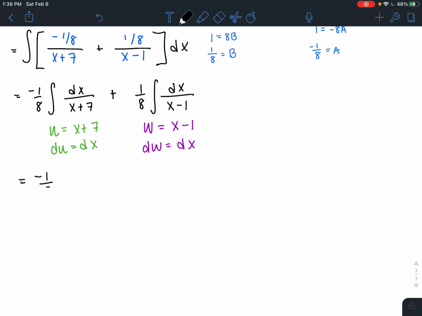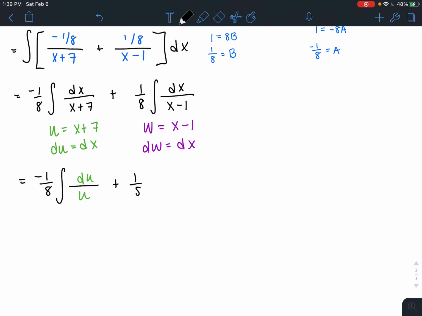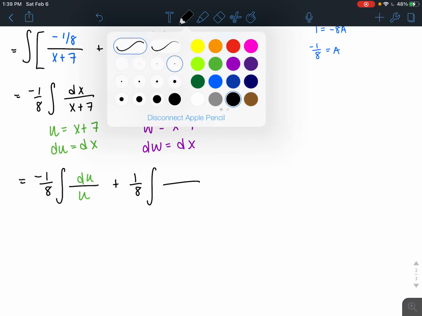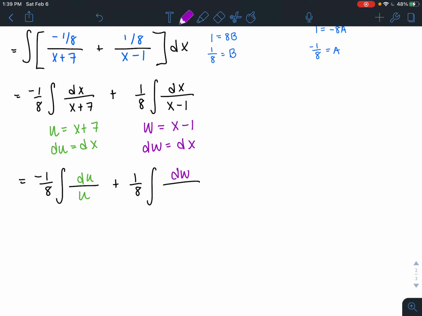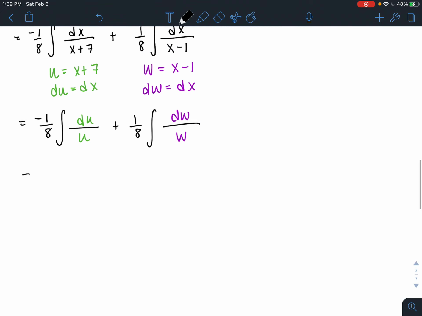If we're being really particular about showing all the work, we're getting -1/8 times du over u, plus 1/8 times the integral of dw over w, making our substitutions.